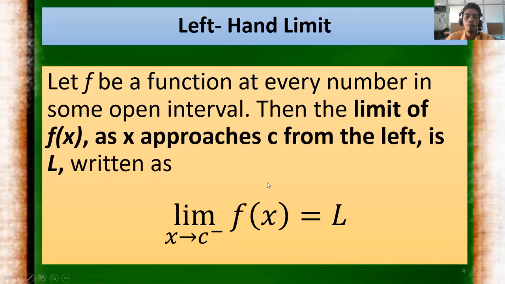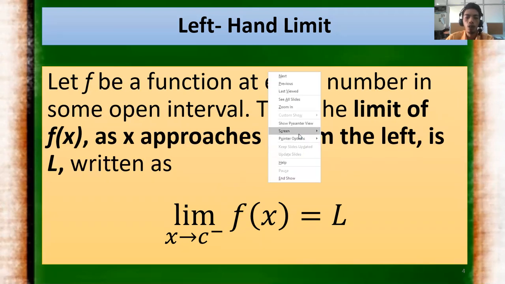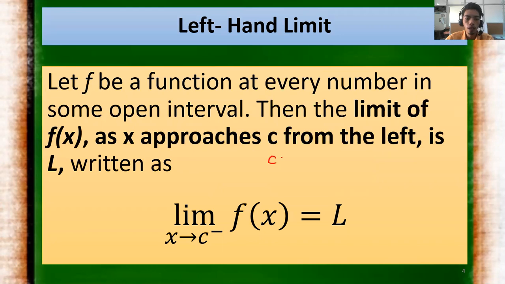So let's say for example, the value of c is 3. Therefore, if it's from the left, that is 2.999 and so on.